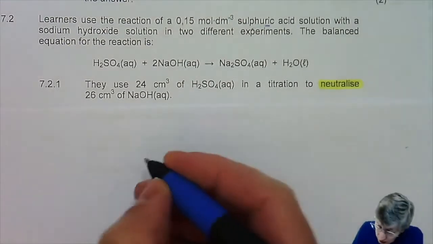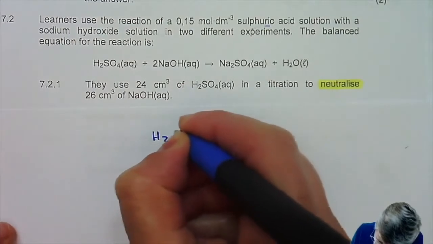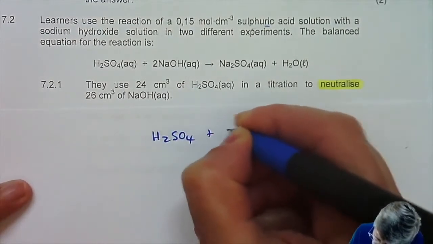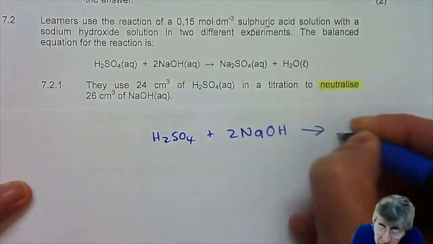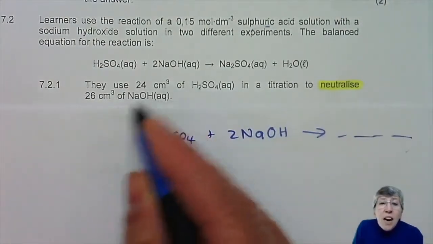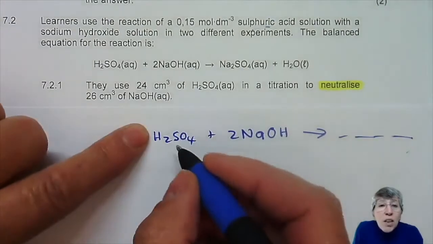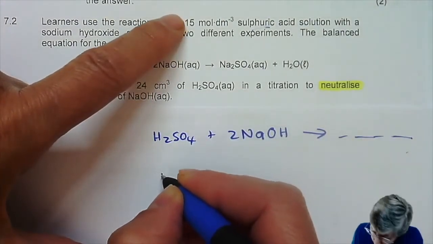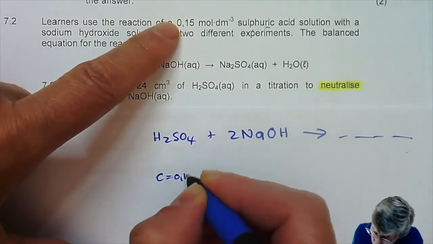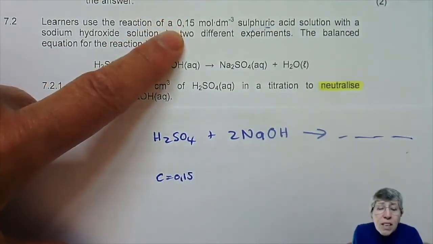They are in the right ratio. So when I look at H2SO4 and 2NaOH reacting, giving a lot of other things, now we know they're in the ratio. Now what do I know about the H2SO4? The concentration was already given up there. It was 0.15 moles per cubic decimeter.